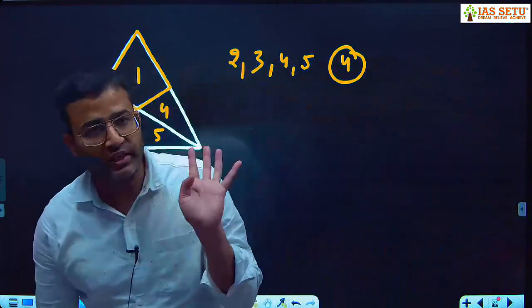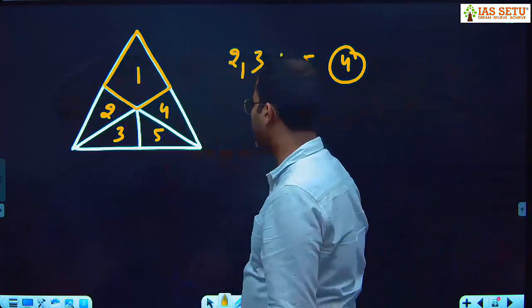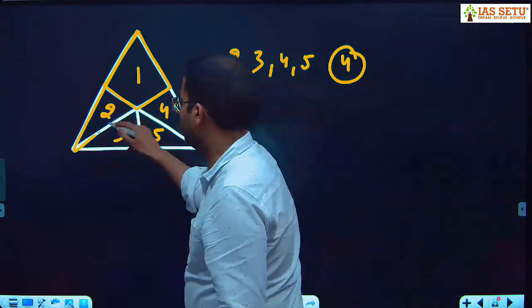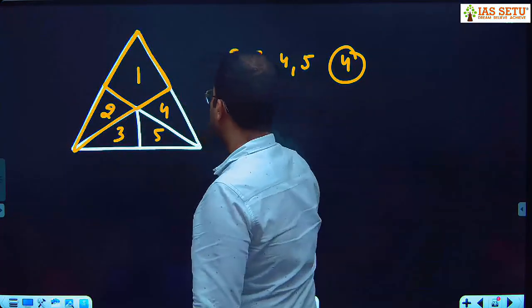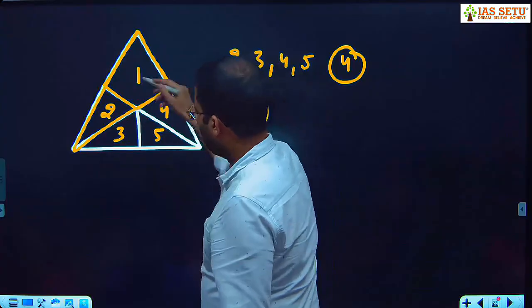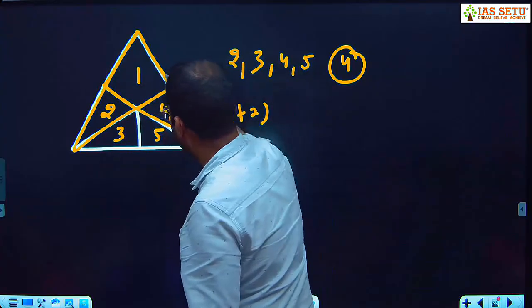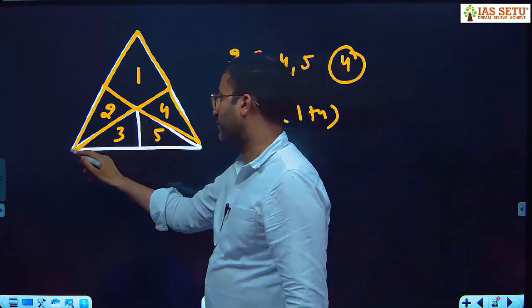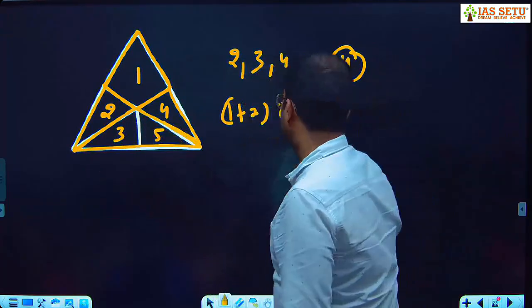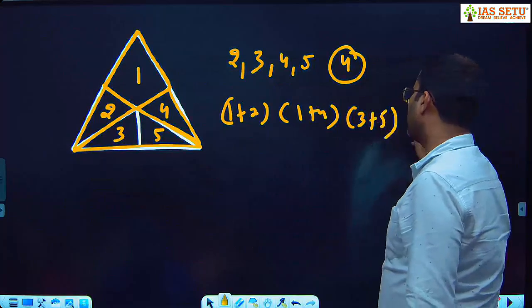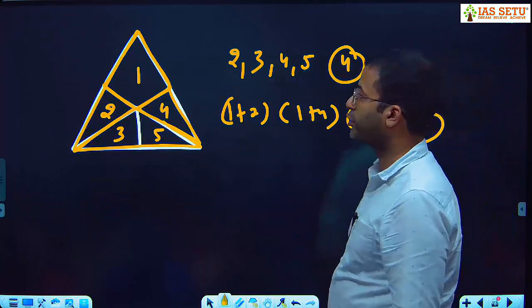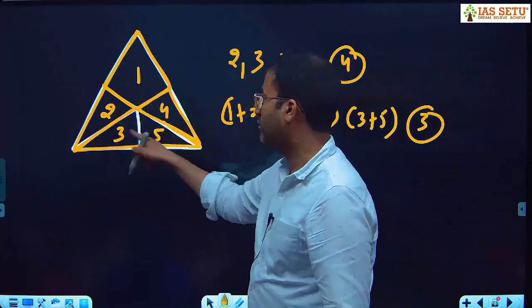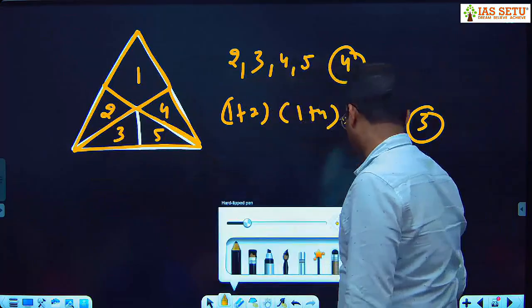4 single triangles, then you take 2 numbers at a time: 1 plus 2, 1 plus 4, and 3 plus 5. So we have 3 triangles when we take 2 numbers at a time.